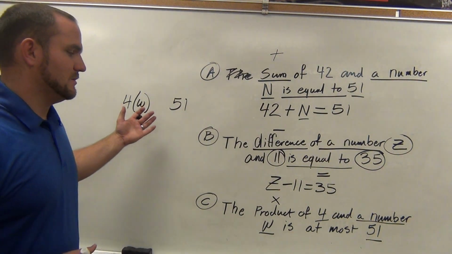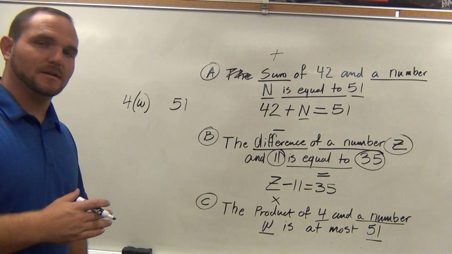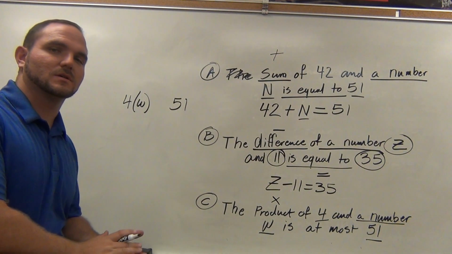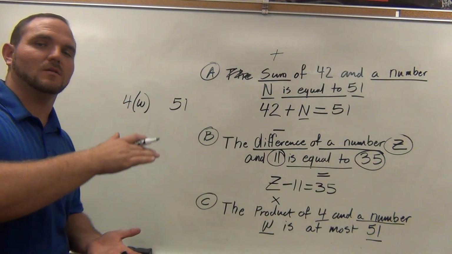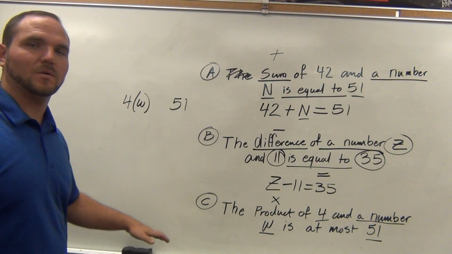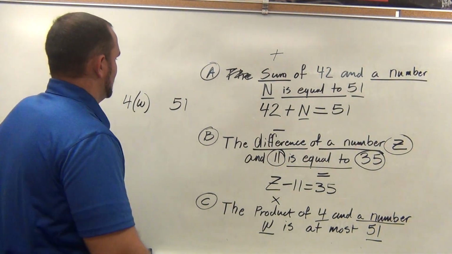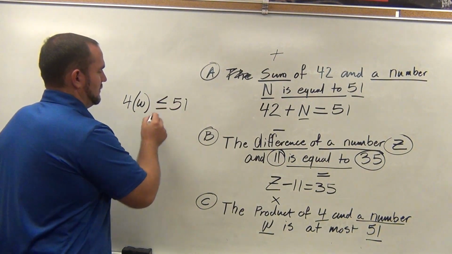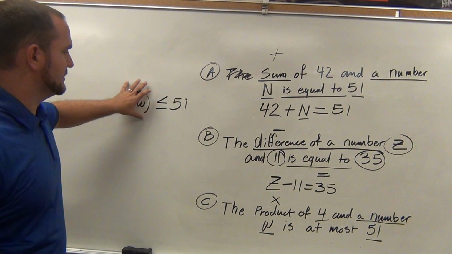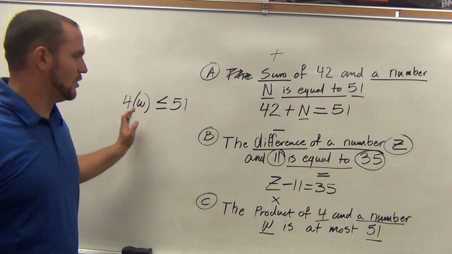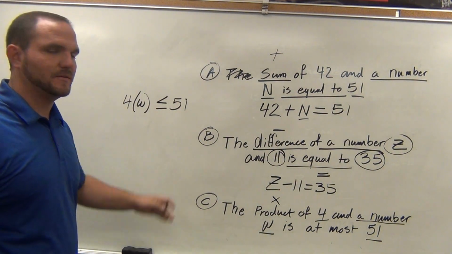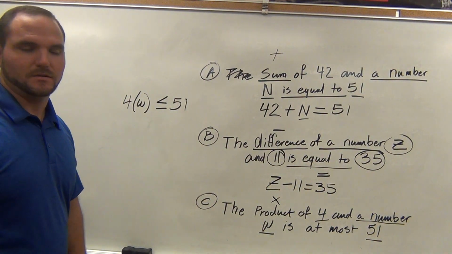Now we have to decide which one it would be. Is it at most? So we're going to start from the lower part and go up. So this is going to be lower and this is going to be greater. Okay, so that means that this answer is going to go up to, or at most, 51. There you go, we're all done.